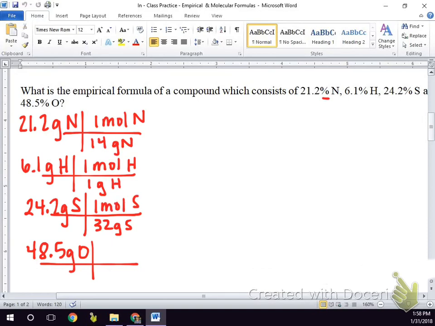Sulfur and nitrogen and oxygen are all close enough to a whole number, right? All four of these are close enough to whole number molar masses that I'm okay with rounding to a whole number. If you prefer to carry a decimal place, that's fine. Remember, when you're looking at the number of moles, you want to probably keep a few decimal places there.